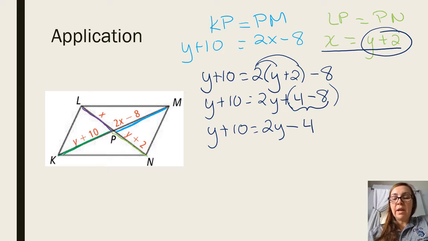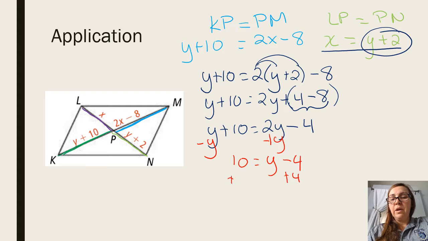Now we have to combine like terms across the equation. I'm going to use this y here so I can keep my positives. We always start with a variable term first. So I'm going to subtract y from both sides. Remember, there's a 1 here. This leaves us with 10 is equal to y minus 4, and now I can add 4 to both sides, and I've solved what y is equal to.